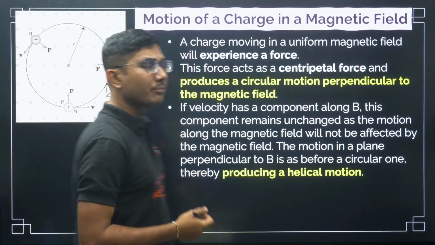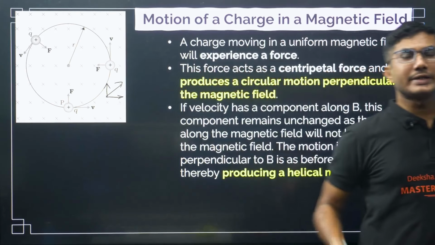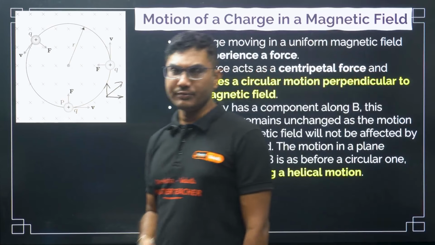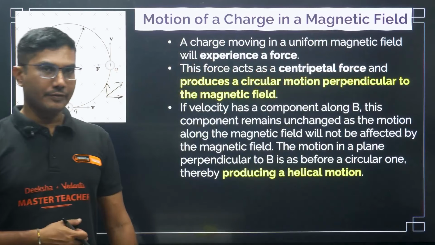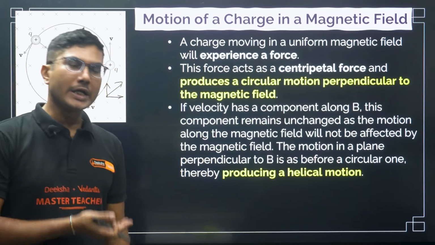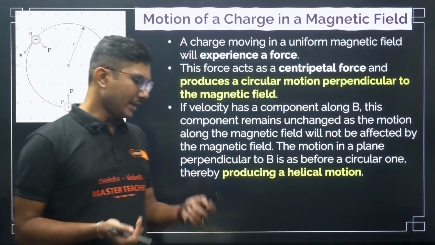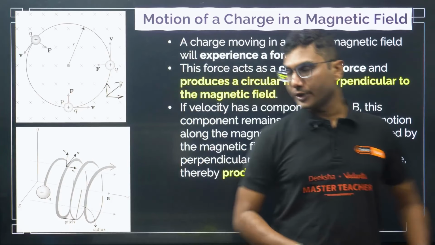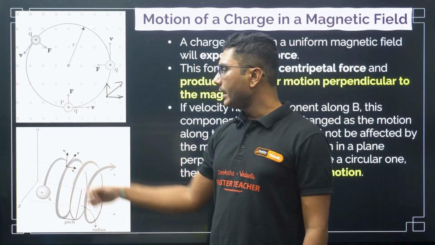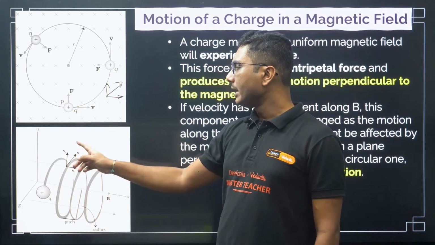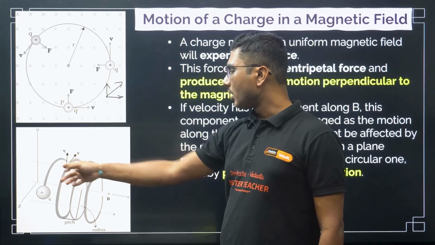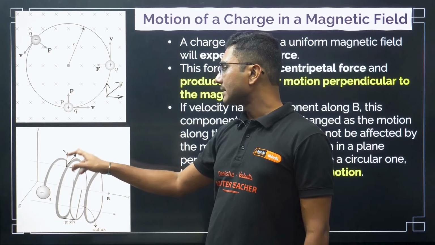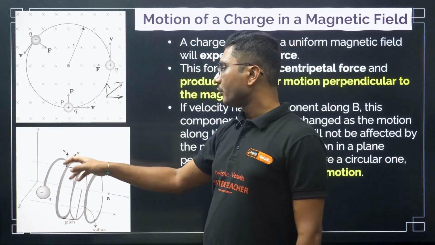The parallel component will not experience any force due to the magnetic field. So that motion will continue as it is, right? So it will give rise to a helical motion. As you can see, V has a component, it is not perpendicular to B. Okay, so what happens?